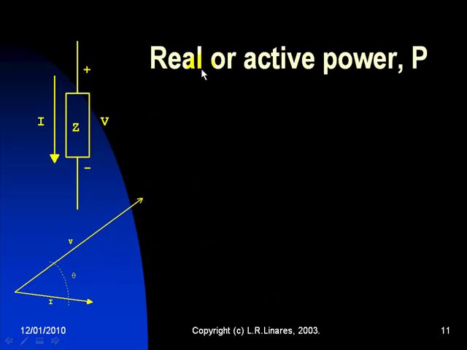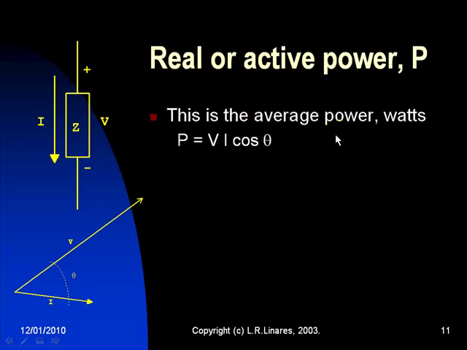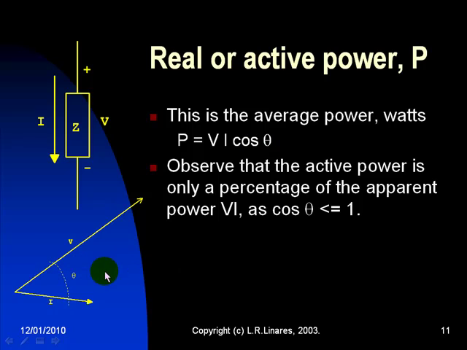Let's talk now of the average power. We call that active power. That is the average power in watts, and it is VI cosine theta: RMS volts, RMS amps, and the cosine of the phase difference between the voltage and the current that you see here. Observe that the active power is only a percentage of the apparent power VI, and the percentage is given by that cosine.